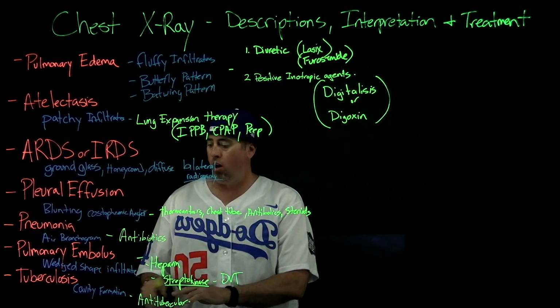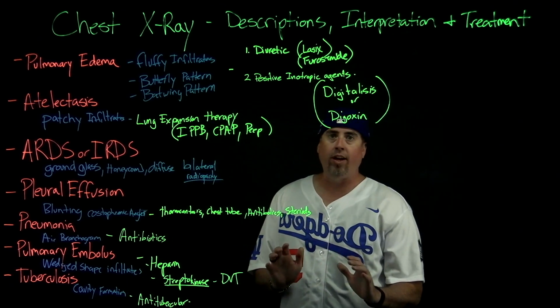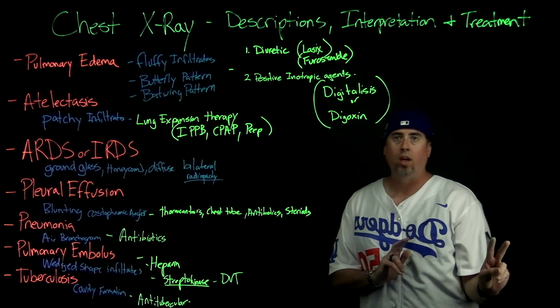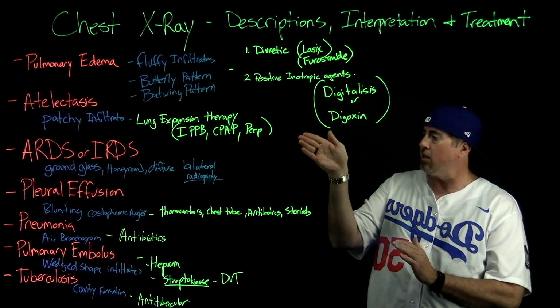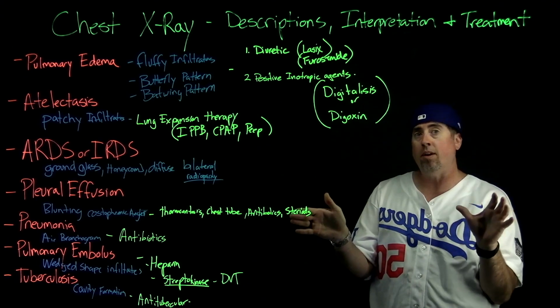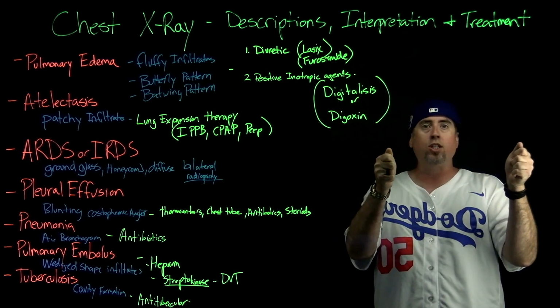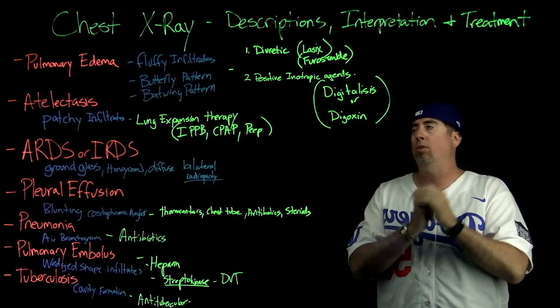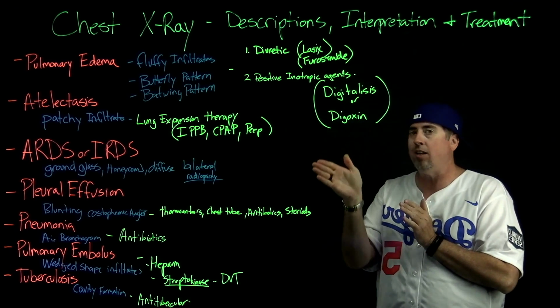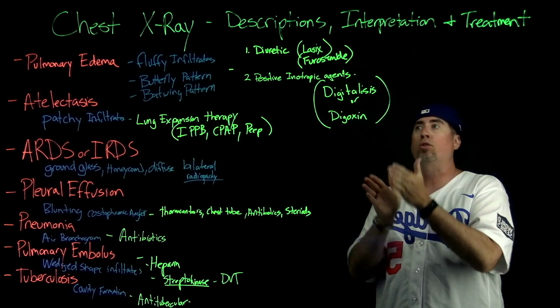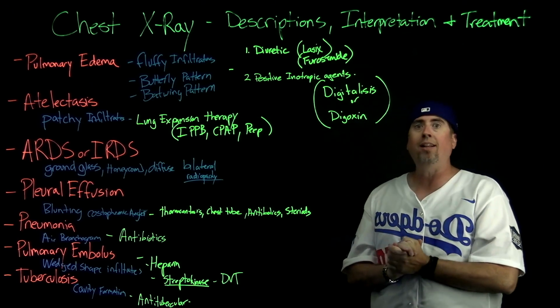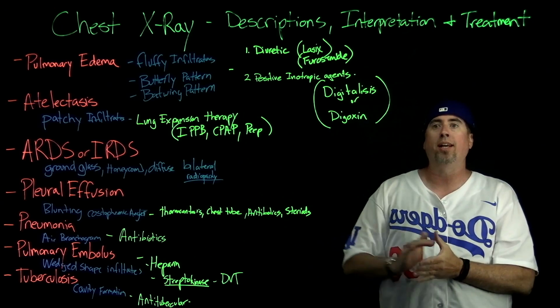All right, guys, and like I said, this video is actually a part 2. But I think we got a lot covered here. And if you can see this in descriptive terminology, not just seeing a chest x-ray and identifying landmarks that we talked about in the beginning, but you might see some of these terminologies written down. And when you do, now you also see what we need to do to treat that, highlighted in green on the outside.